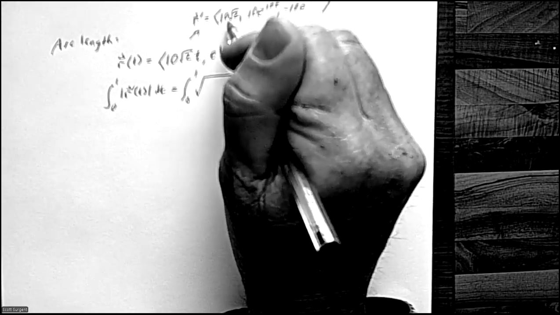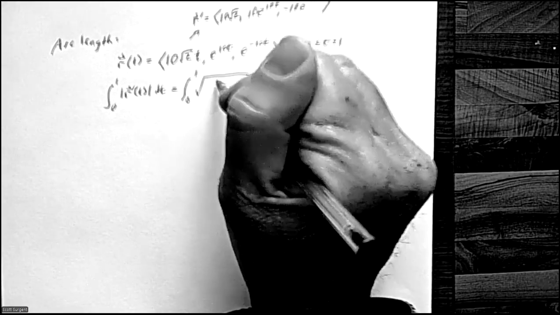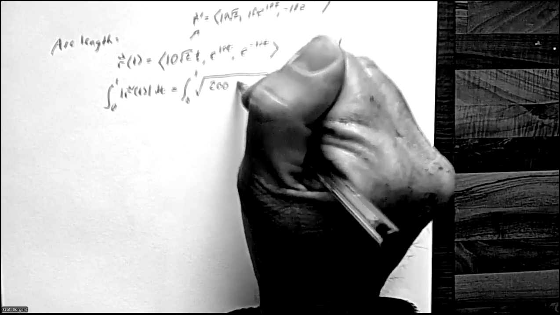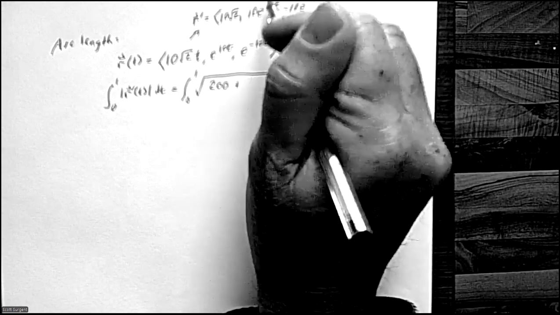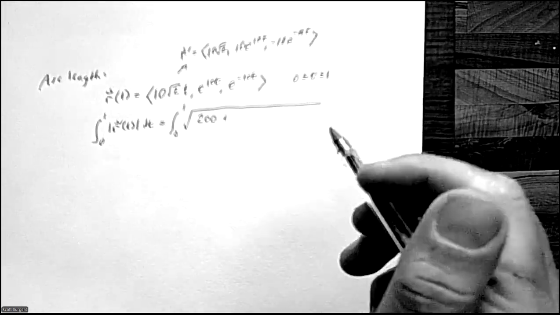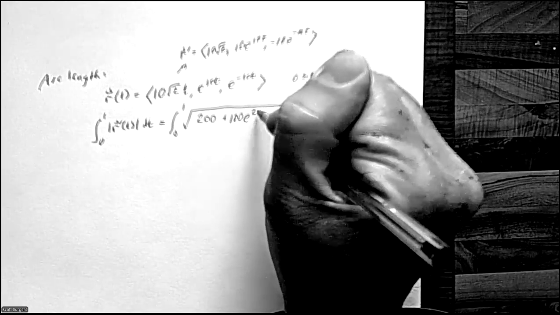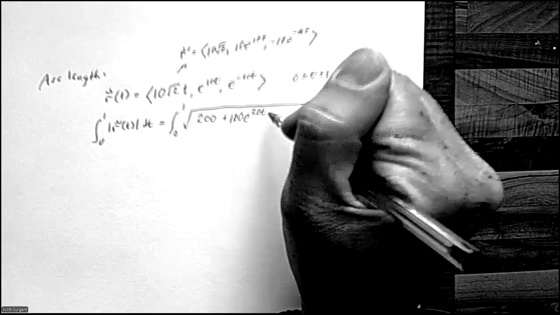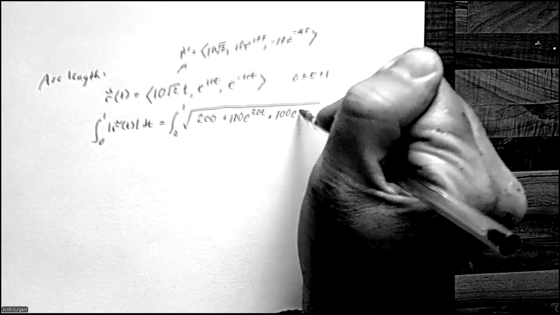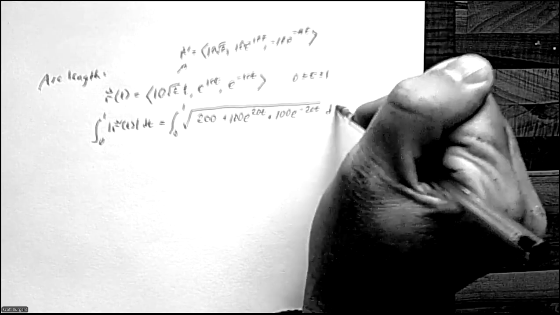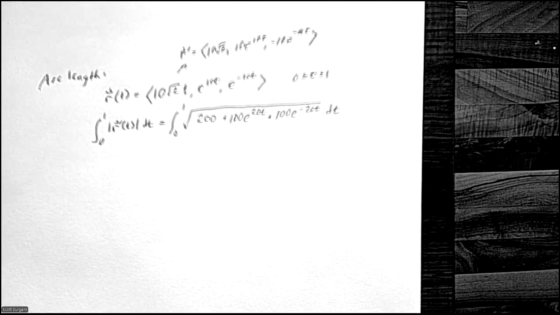This squares to 100, this will be 200, and the 10 e to the 10t squared would be 100 e to the 20t, and this will be 100 e to the negative 20t, dt. That's just me performing the raw calculations. Any questions up to that point?